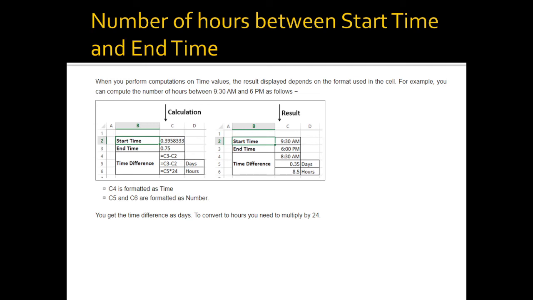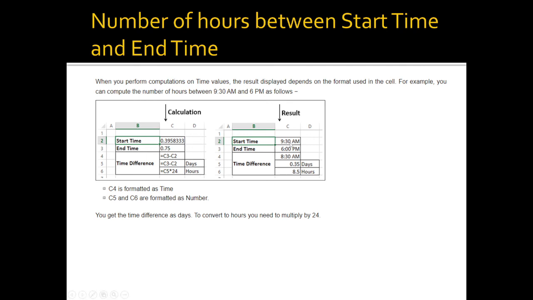So it's start time, we have 9:30 a.m., and end time we have here 6 p.m. So the time difference: we just subtract C3 minus C2 and format that as time, or the result of this you multiply by 24 and that will be the number of hours.